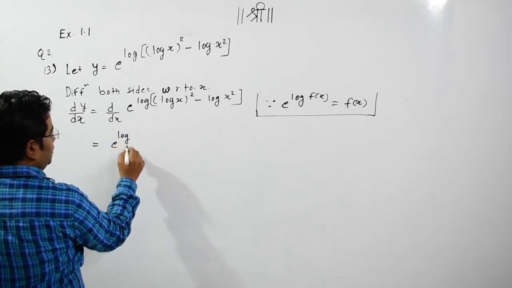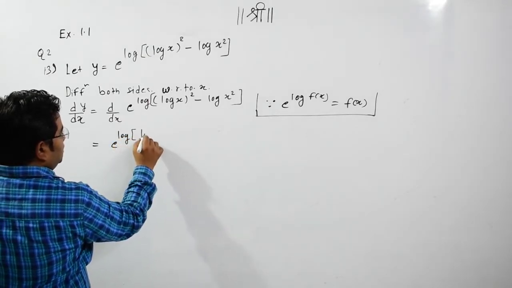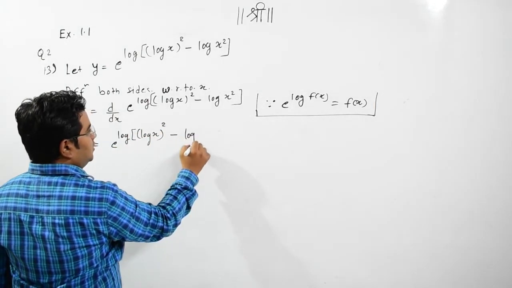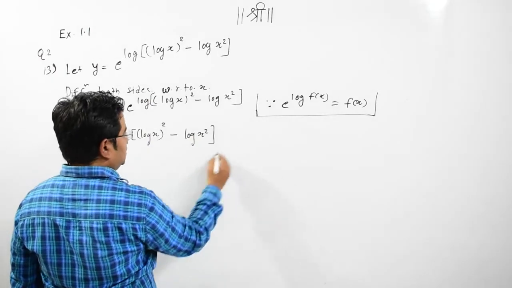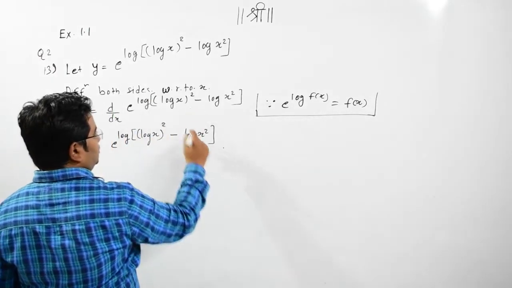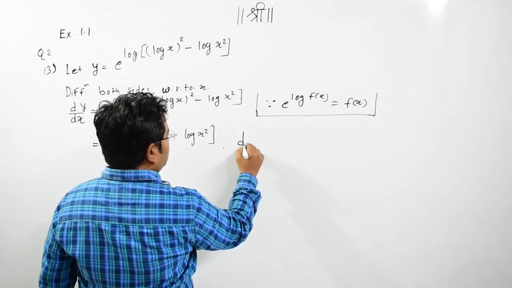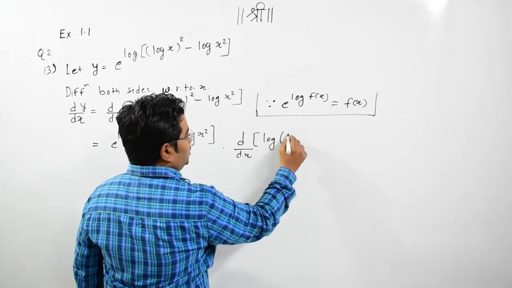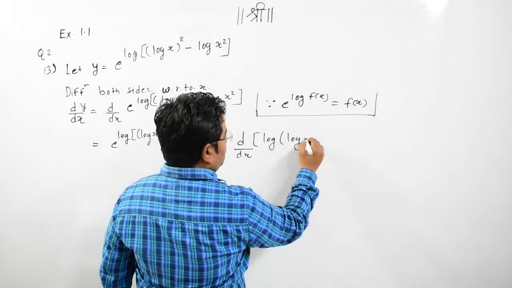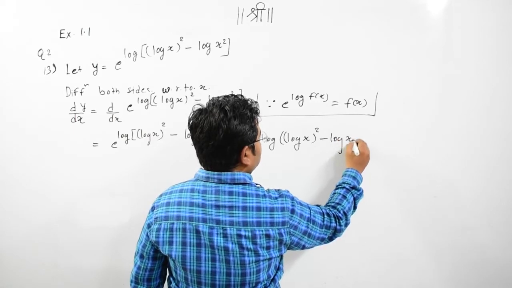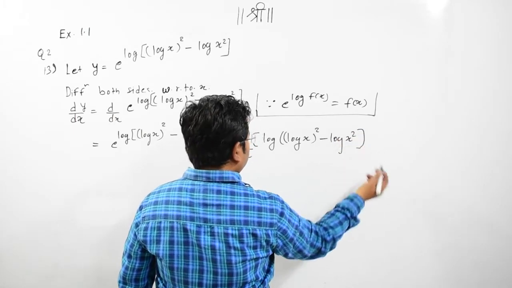So e raised to (log x)^2 minus log x^2, dot. Again the derivative of this whole term. So what is the derivative? d upon dx of (log x)^2 minus log x^2.